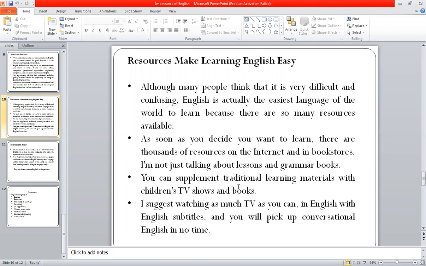So that's why you have to choose children's TV shows to enhance your grammar practice, to practice more and more of grammar or spoken English.